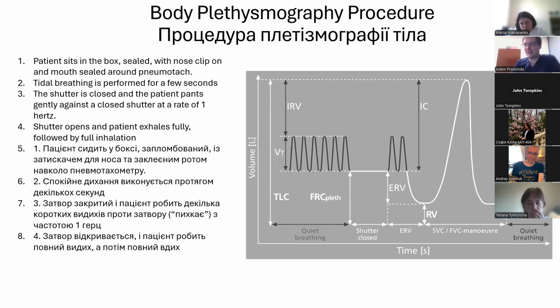And it turns out, using those 4 pieces of information, you can find out what the volume is in the lung. And that's the, I guess, genius of all the people that worked on this, with a lot of credit to Dubois, okay? And so after this panting procedure is done, the shutter opens, and then the patient exhales all the way, and then inhales to full, and then exhales. So this is the ideal way that the actual procedure is done.